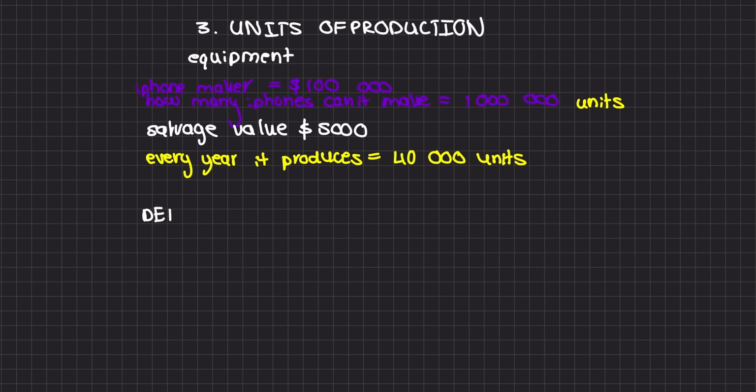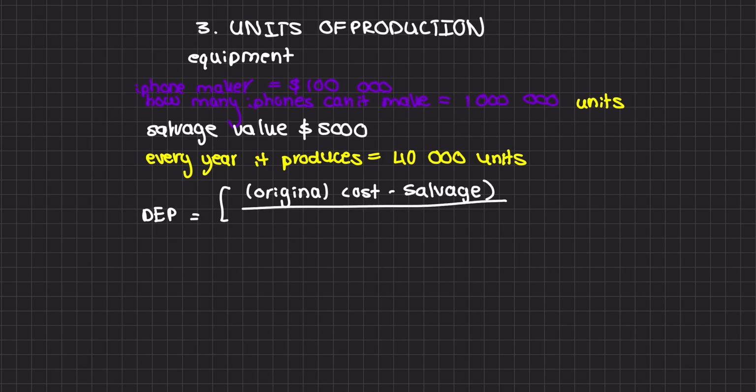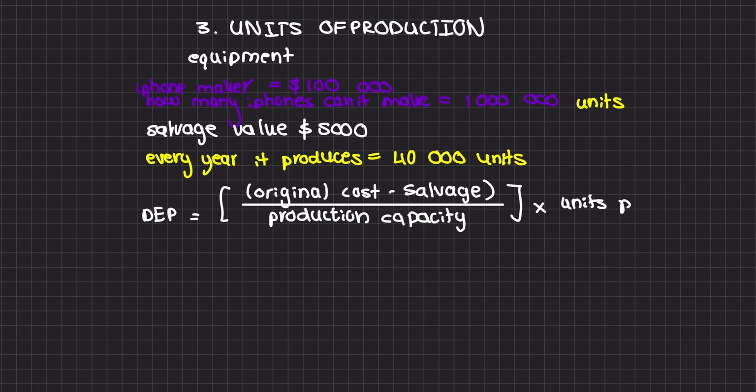The depreciation expense here is the original cost minus the salvage, similar to the straight line method, divided by the production capacity, meaning how many it can make in total over its lifespan, times the units per year. The reason we're doing that is because we want to get the depreciation expense for every year.